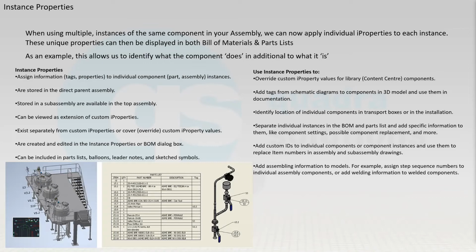With built-in iProperties and custom properties, you're telling the user what the component is. You don't tell them what the component does. With instance properties, because we can assign different values to different occurrences, we can start putting tag numbers on there, giving locations, customer IDs, etc.